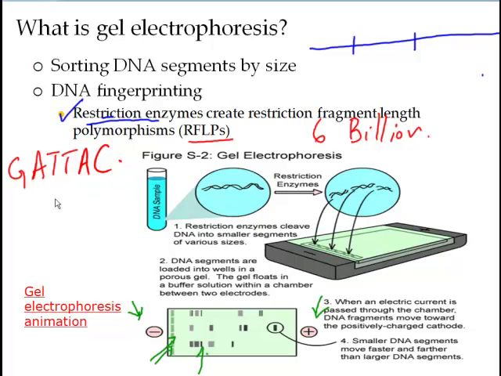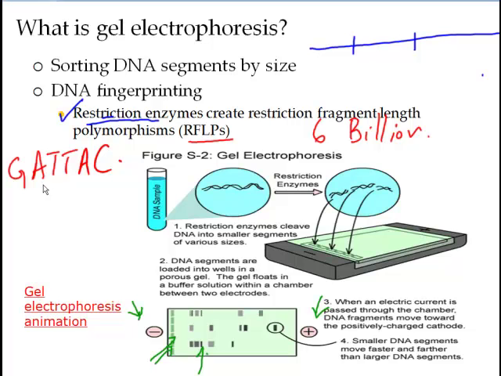Now, this can be present in X number of folks around the world, and if you cut out the segments, the chances of two individuals having the same fragments is only going to be for certain individuals that are related to each other.